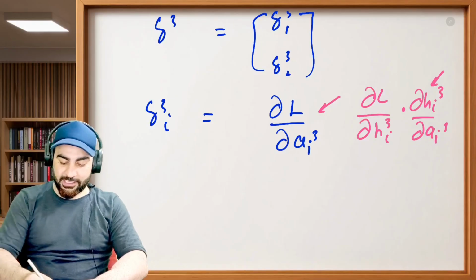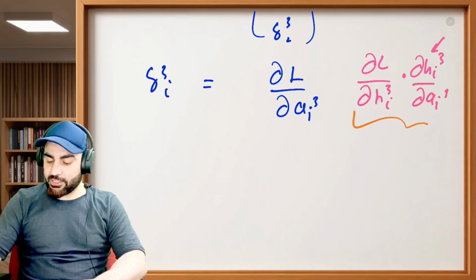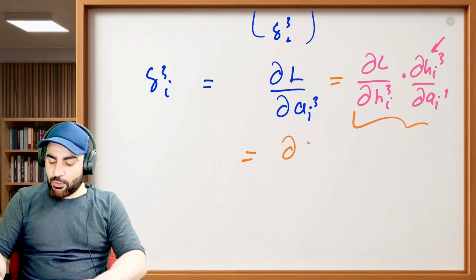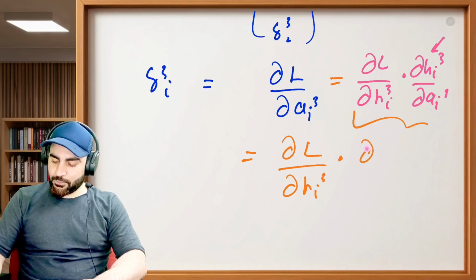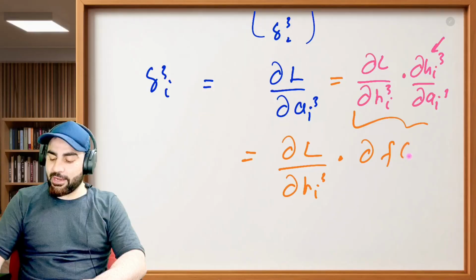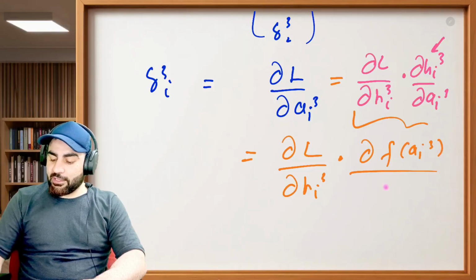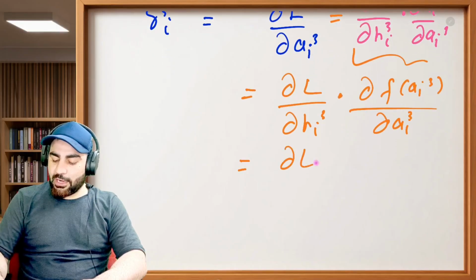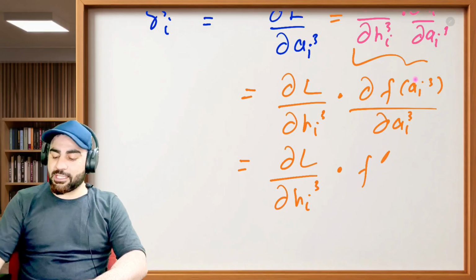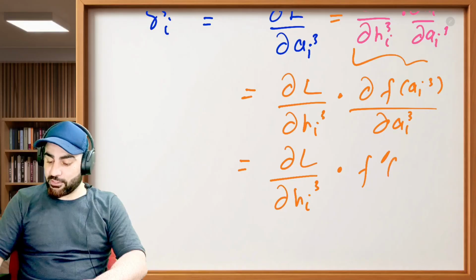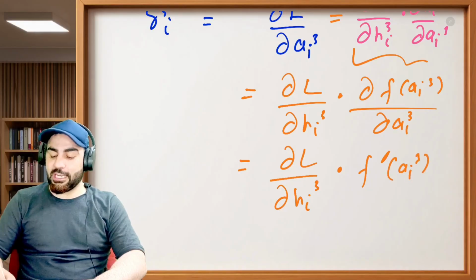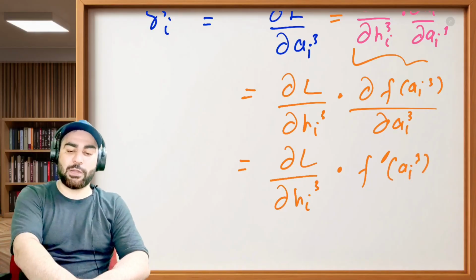So if I expand this again, this is equal to dou L by dou H_i3 multiplied by dou H3 by dou A_i3, since we got H3 from A_i3. Now this is equal to dou L by dou H_i3 multiplied by the derivative of the function that we activated with the activation function. So this value is equal to this. Is it clear for everyone? This should be pretty basic for you now.